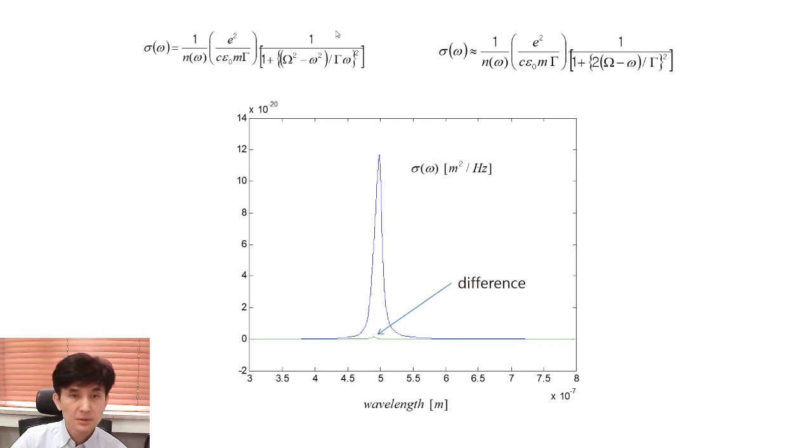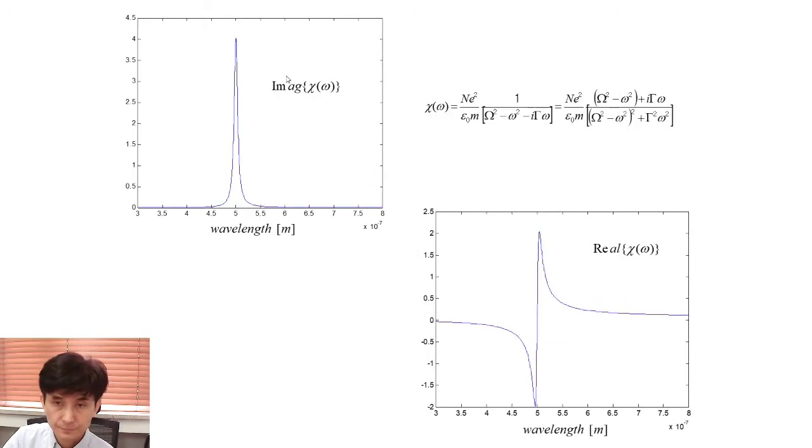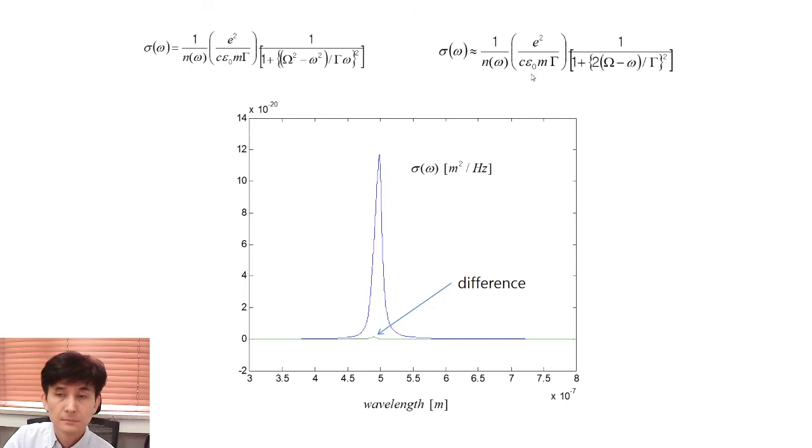And this is the approximated result. This is the exact solution of sigma omega, the absorption cross-section sigma as a function of omega, given with the exact expression of this. This is the approximated result, and the difference between these two becomes this small.